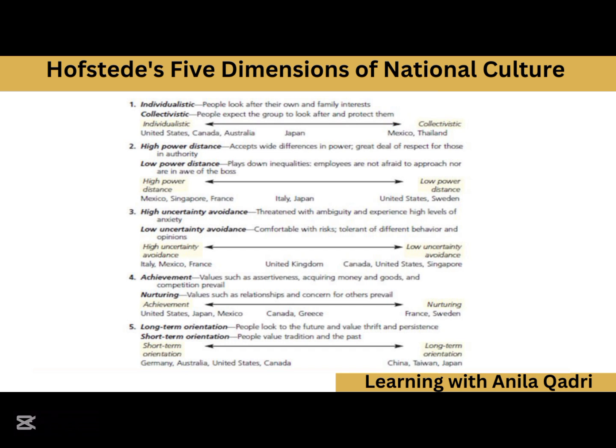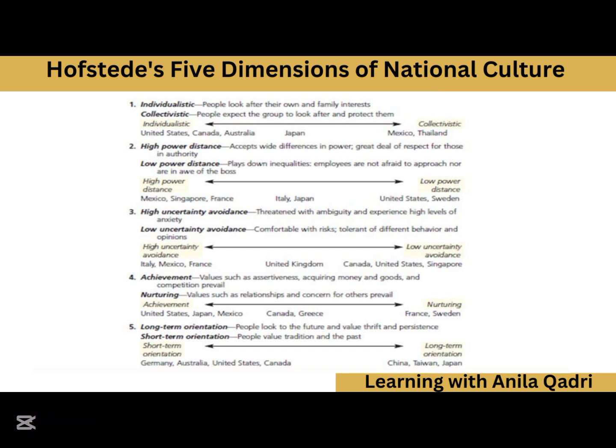Nurturing: values such as relationships and concern for others prevail. Long-term orientation: people look to the future and value thrift and persistence. Short-term orientation: people value tradition and the past.